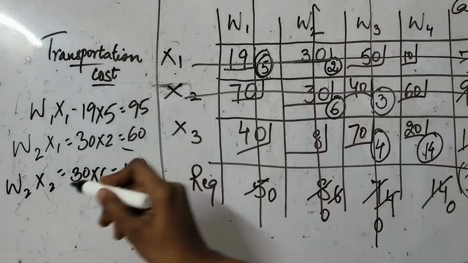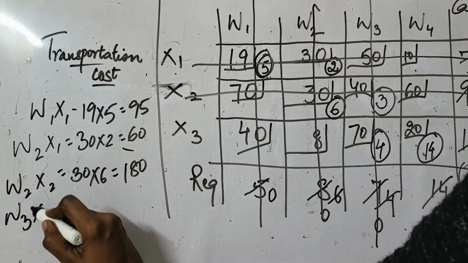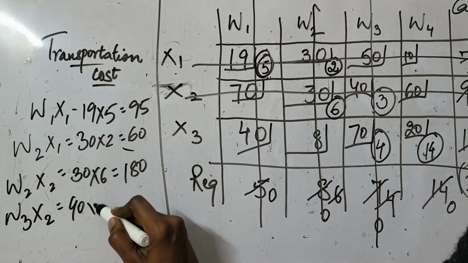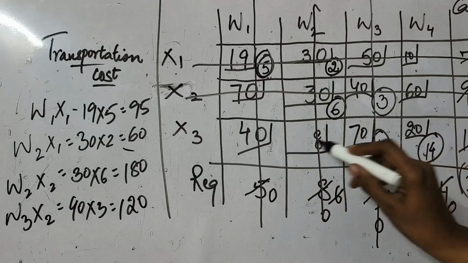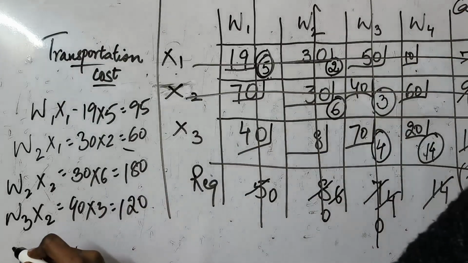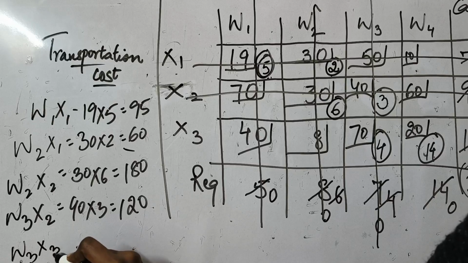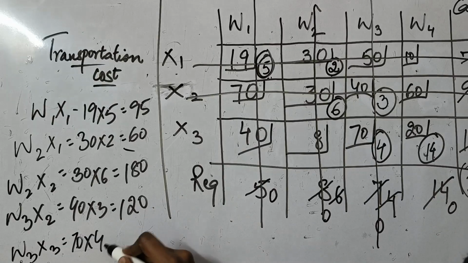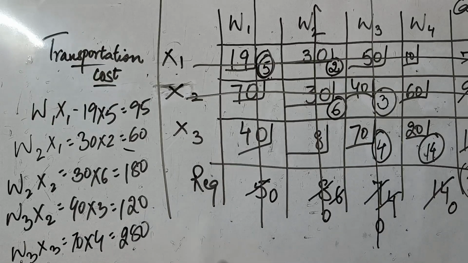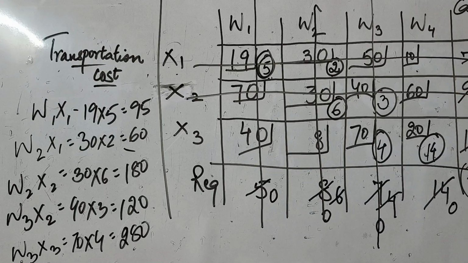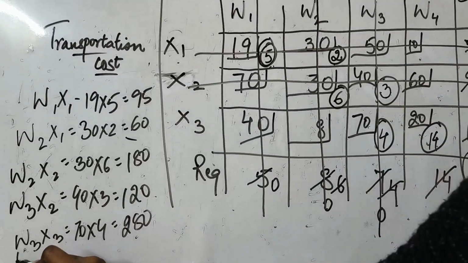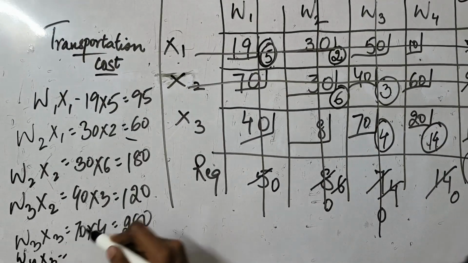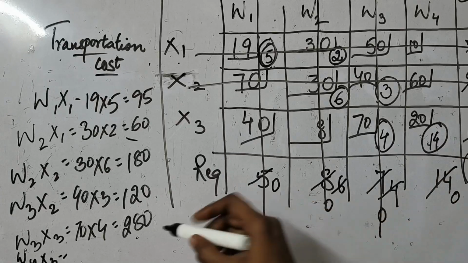And fourth X2, W3, so W3, X2, it will be 40 into 3, that is 120. Next I can see is X3, W3. So W3, X3 value is 70 into 4. That amount is rupees 280, and the last is W4 and X3. So X3, W4, and the cost is 20 into 14.